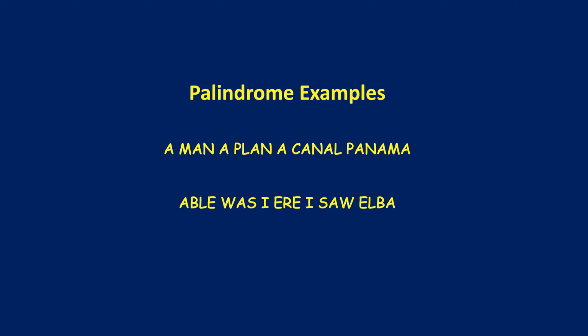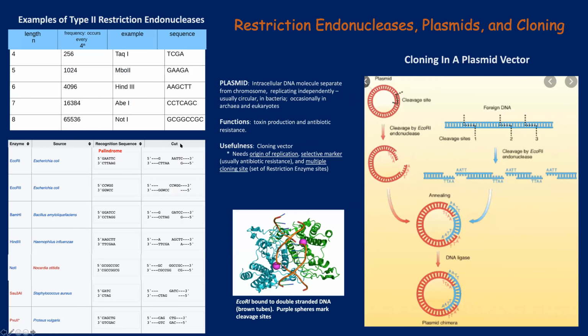You see how it works? It's the same thing, but backward. The next one is also like that. Able was I ere I saw Elba. Again, if you read that backward, it says exactly the same thing. Those are palindromes, except in the case of DNA, they're nucleotides instead of alphabetic letters.